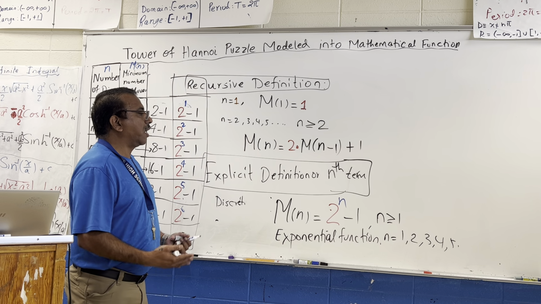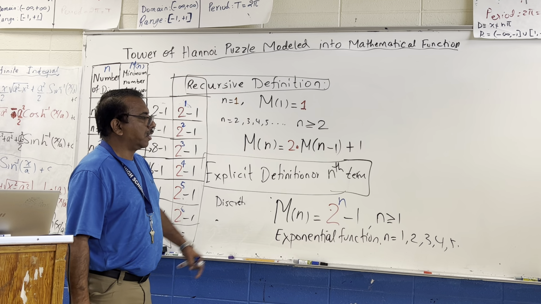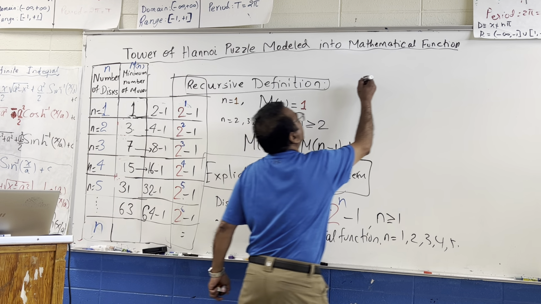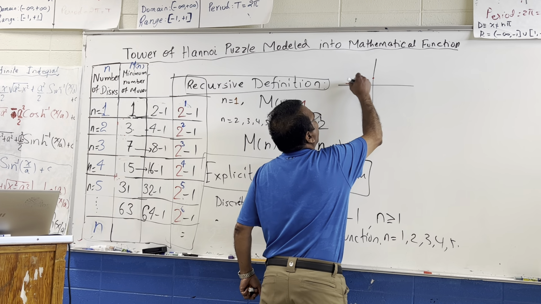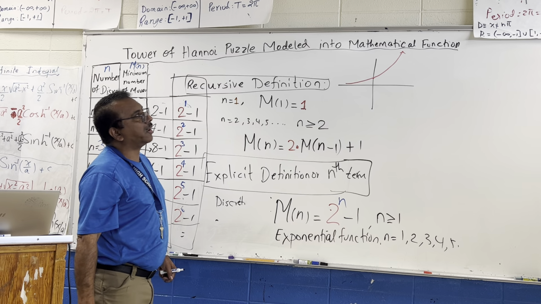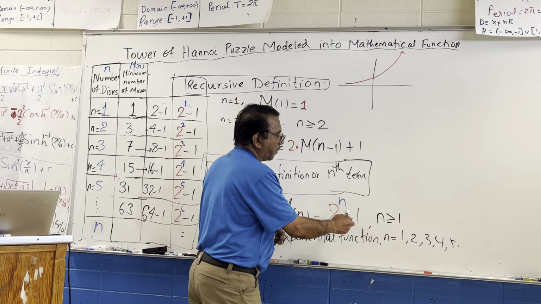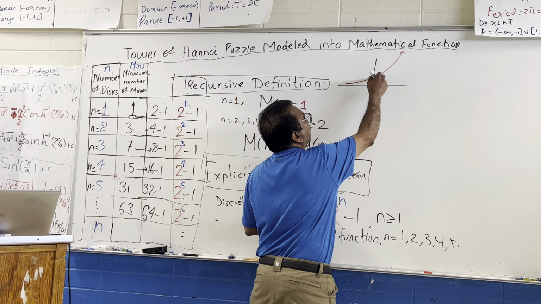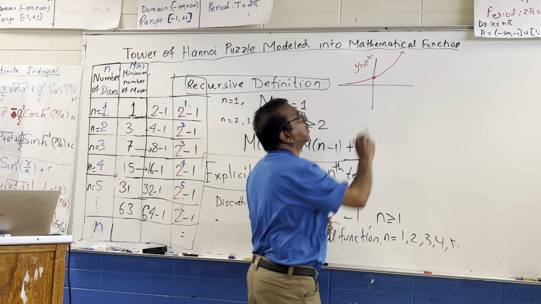Now, how does this look? We want to graph it. We know the graph of 2 raised to x is this way. And the minus 1 means that the whole graph moves one place down from the original graph of the exponential function y equals 2 raised to x.